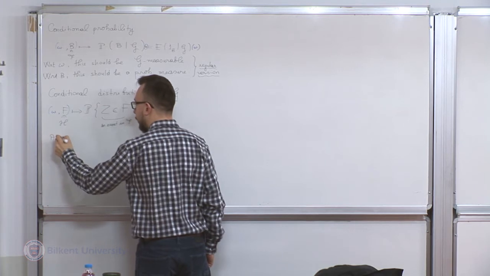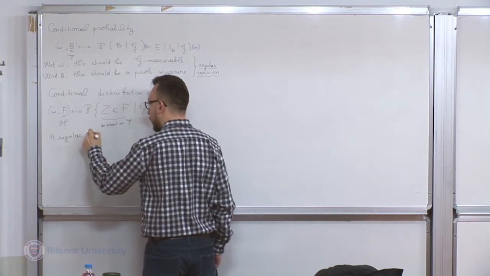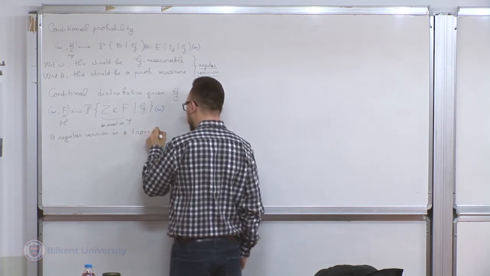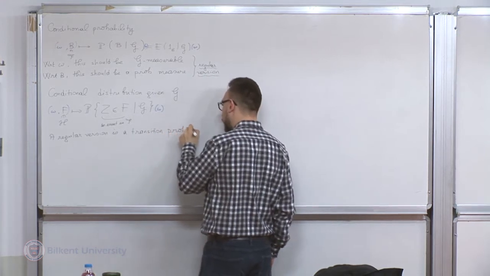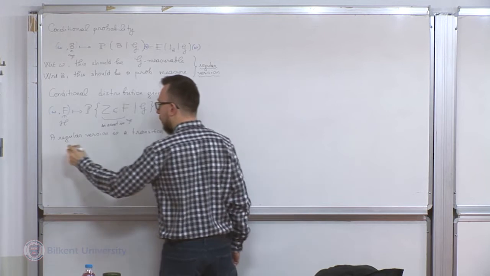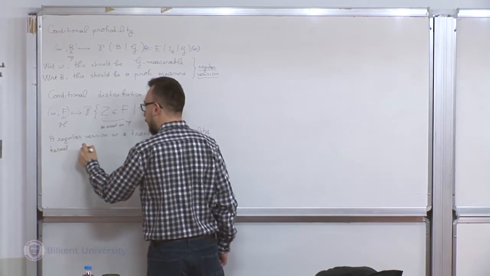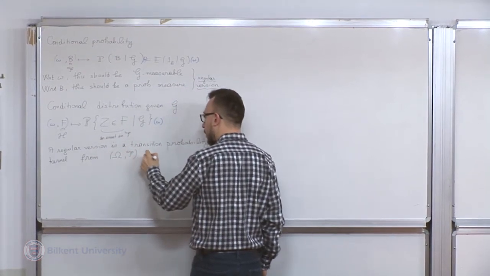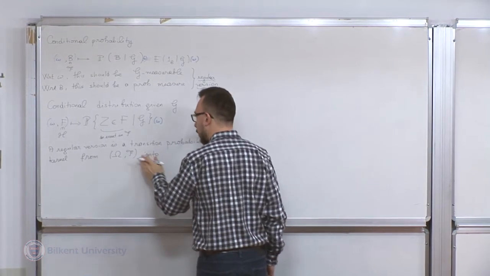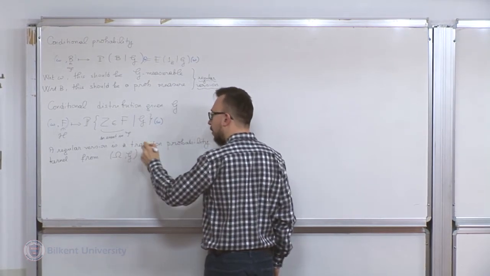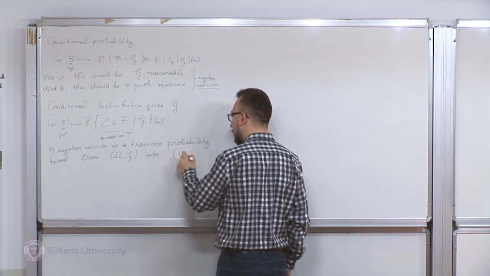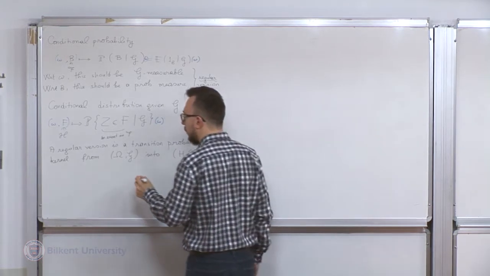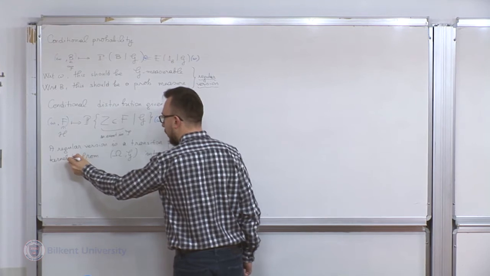So a regular version is a transition probability kernel from omega, F into omega, G into H, script H. So a kernel L, let's say.